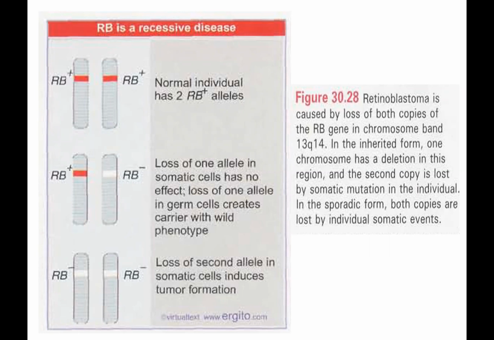So what was found and concluded is that in a normal, healthy human being, we have the presence of both the alleles of the RB gene; RB stands for retinoblastoma, and this RB gene codes for a protein, which I will come to in a while.